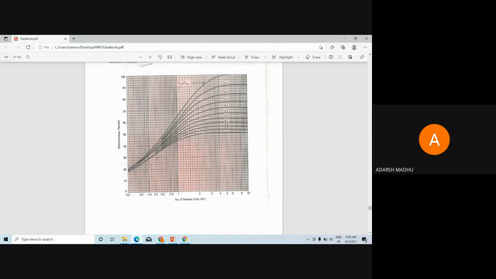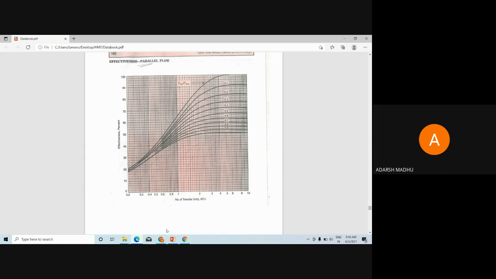The curved lines are the values of R, where R equals C minimum by C max. So three terms apply here: effectiveness, R value, and NTU value.